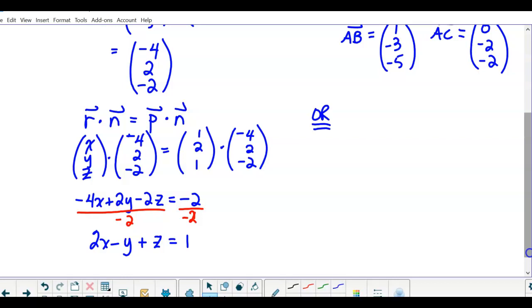Okay, so that's from the definition of the Cartesian equation from the normal.